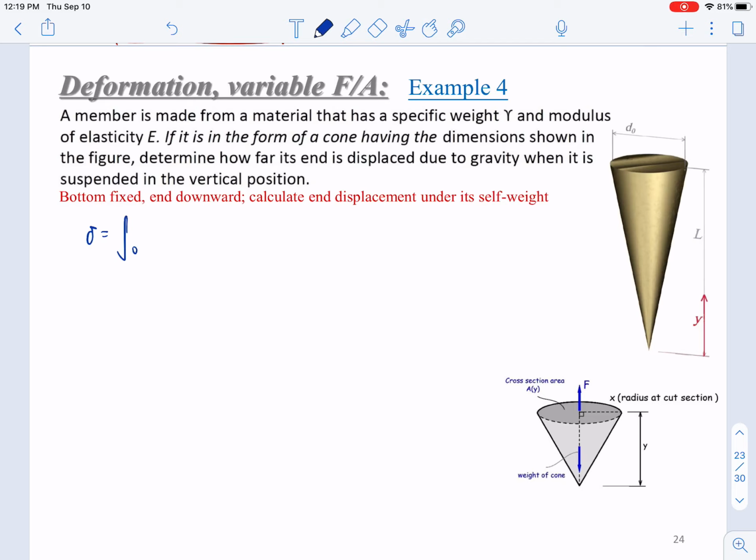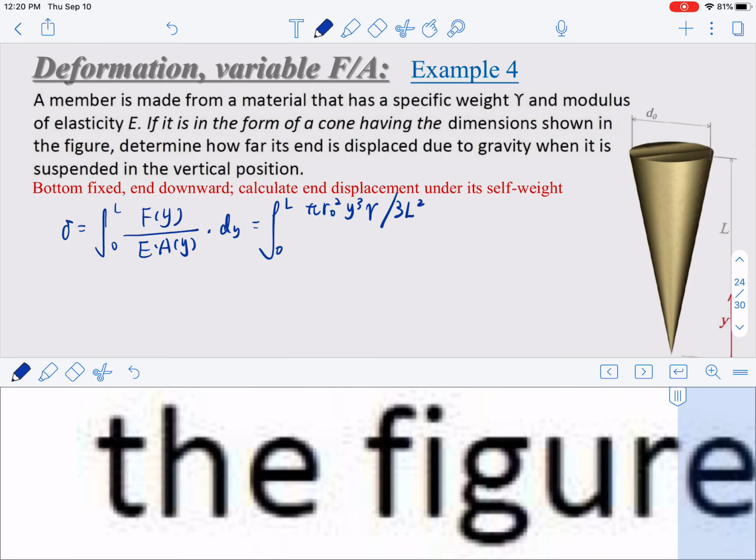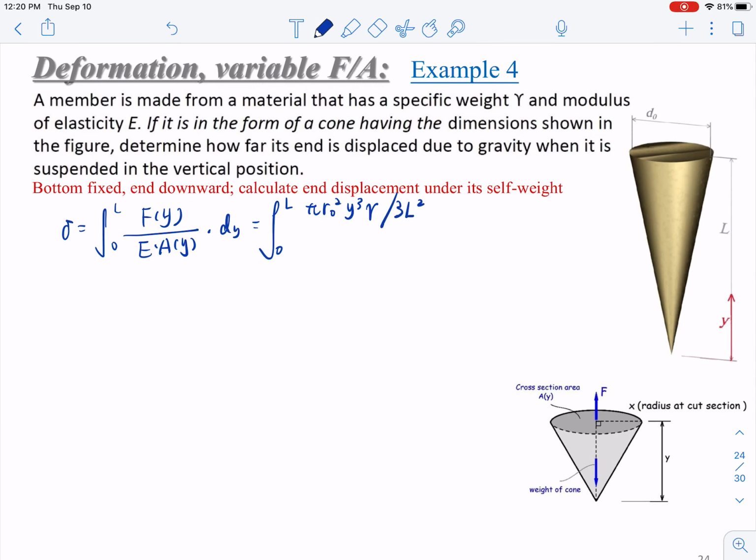So we will get delta equals the integral from 0 to L of Fy over E Ay dy, that is pi R0 squared y cubed gamma over 3L squared, over E times pi R0 squared y squared over L squared.